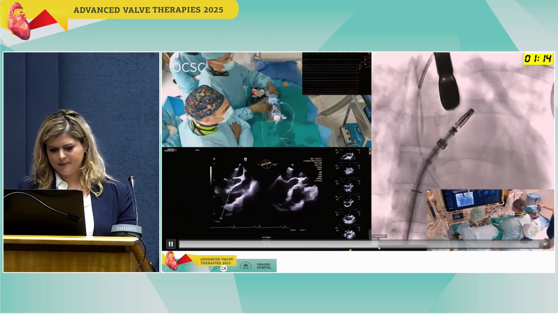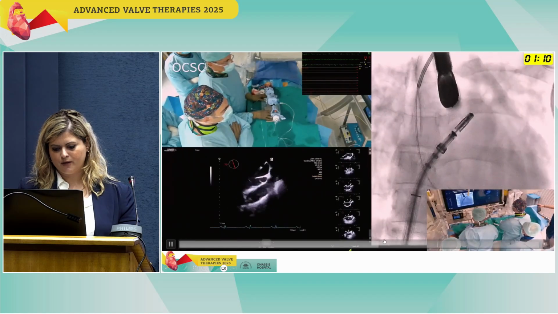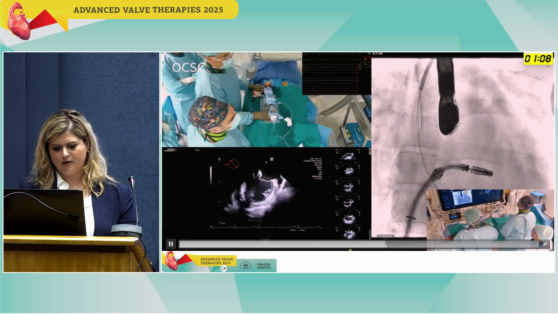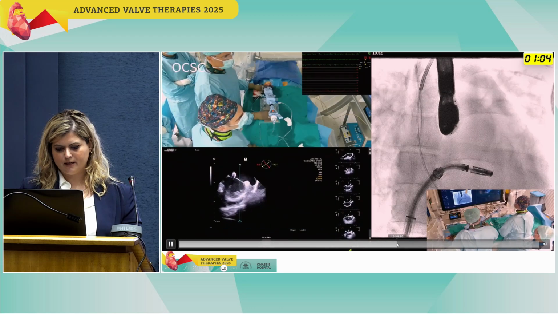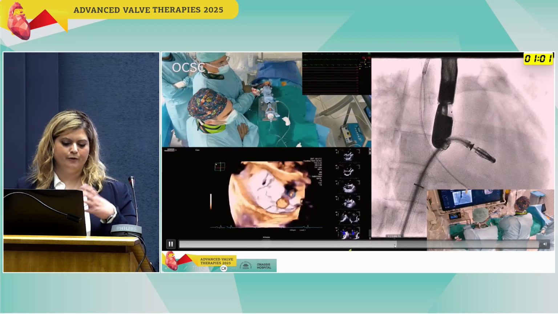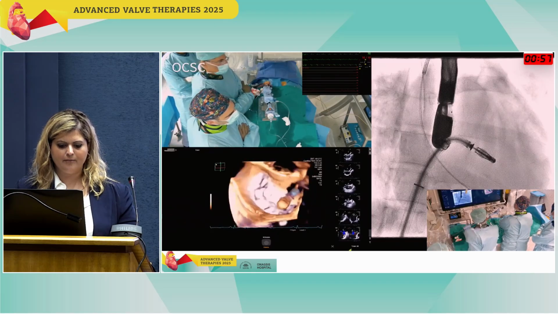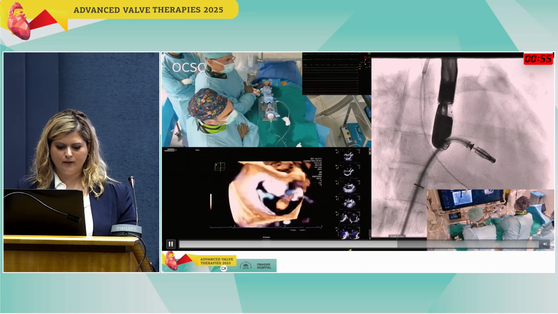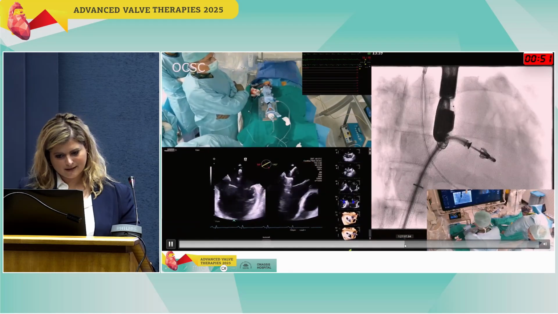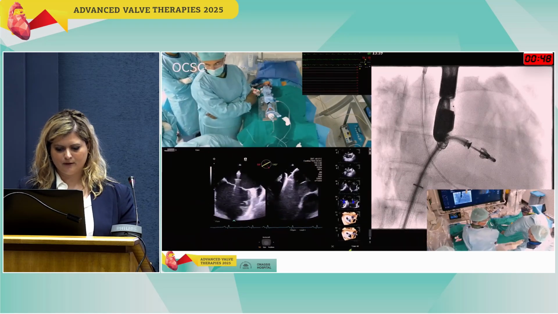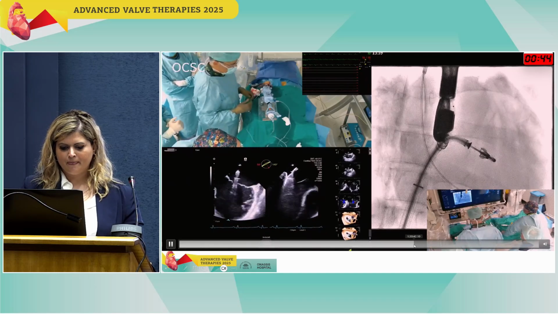And here comes the clip, which is outside. Then under echo guidance, we are guiding the clip on the mitral valve. And under 3D, we are checking the orientation of the clip, how it's going under the valve, and then we are diving into the left ventricle after we decided the correct position of it.